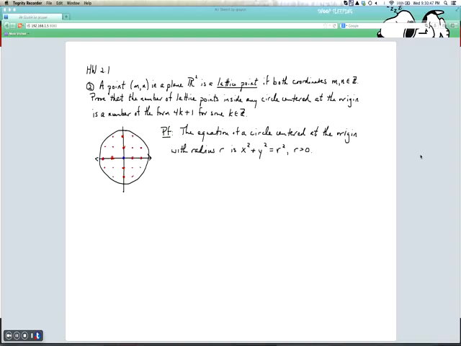Okay, so the origin is always in the circle.